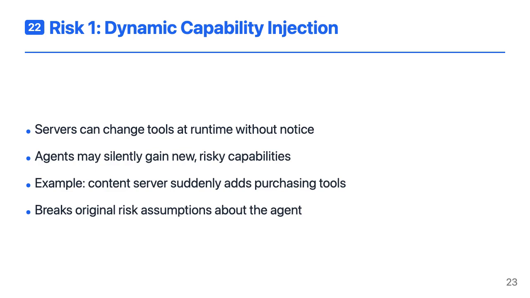Because agents discover tools at runtime, a server that originally only offered low-risk content retrieval might later add high-risk actions, like purchasing or data deletion. The agent's behavior and risk profile can shift overnight, even though the agent code hasn't changed. This is especially dangerous when tools are installed from third-party registries or run outside the enterprise's direct control.